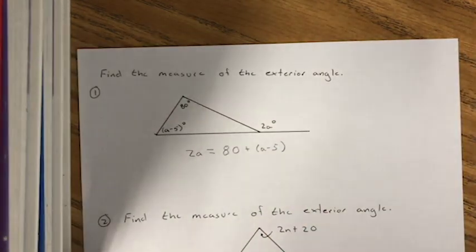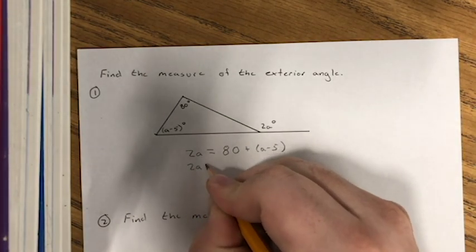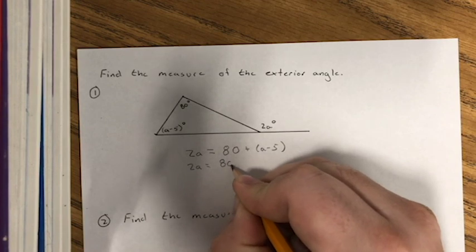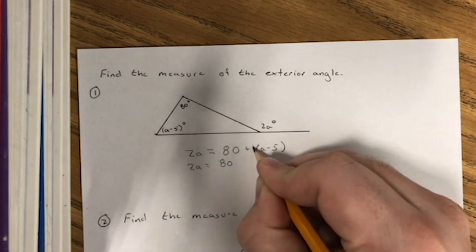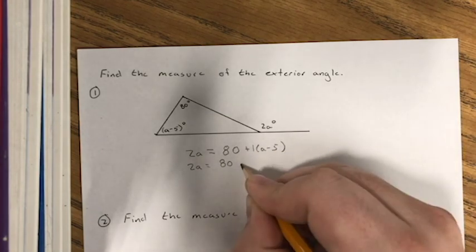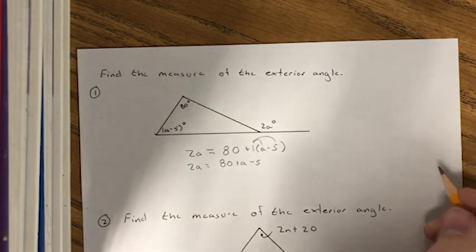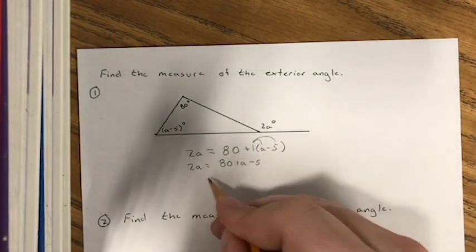All right, this still looks scary, doesn't it? Well, let's simplify our life a little bit. We can say that 2a is equal to 80, and we know that there's a hidden 1 here. We can use the distributive property to get rid of this parentheses, plus a minus 5, because we're using that distributive property. Now let's continue to simplify this side.